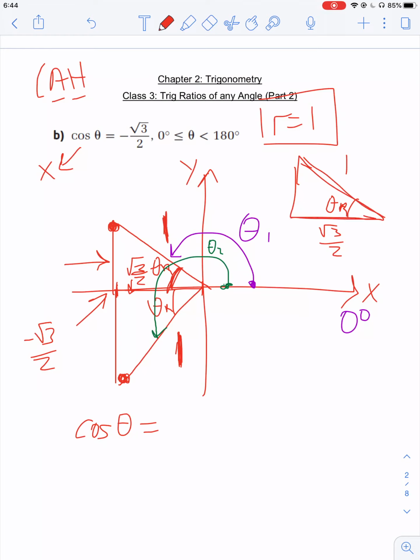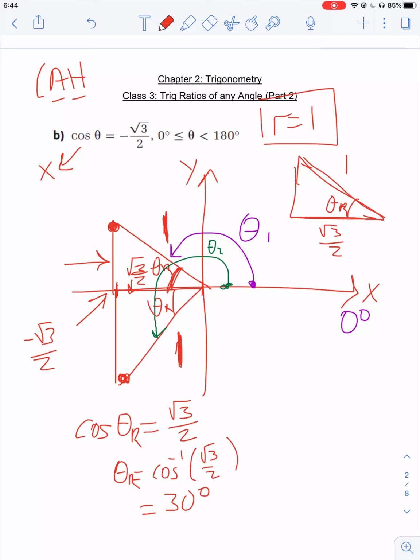So cos theta is square root of 3 over 2, okay? Now I'm going to solve for theta. Theta is just equal to the inverse cos of square root of 3 over 2. And when you do that, make sure your calculator is in degree mode. Square root of 3 divided by 2, you get 30. So theta r, maybe I should have put that, is equal to 30 degrees.